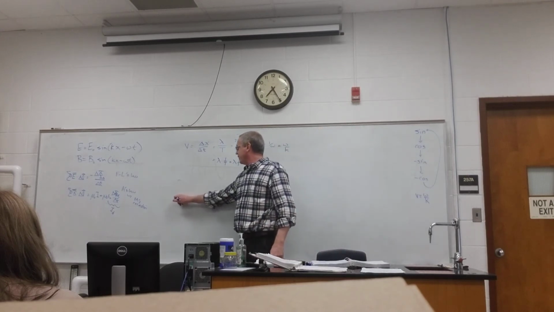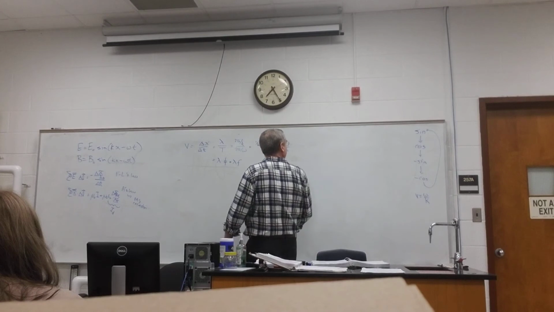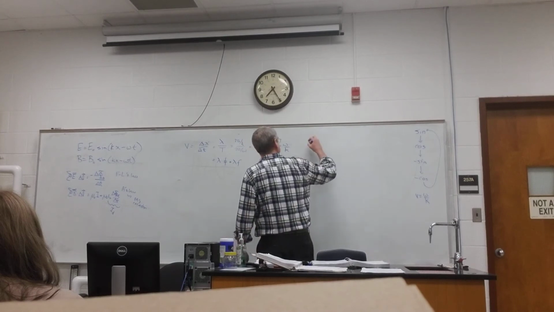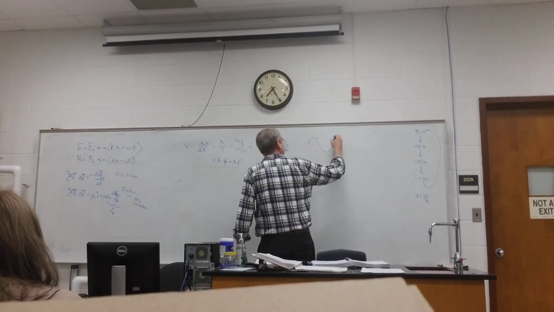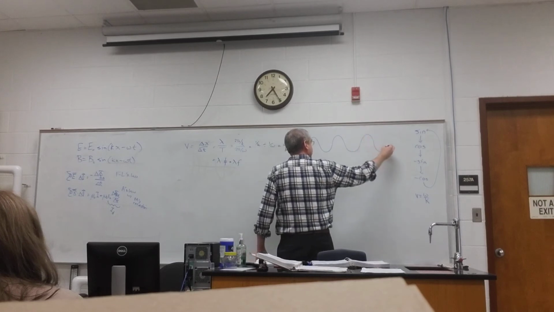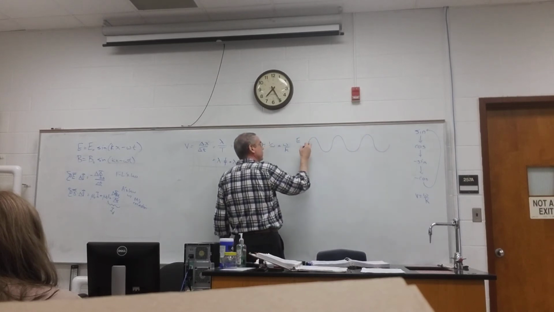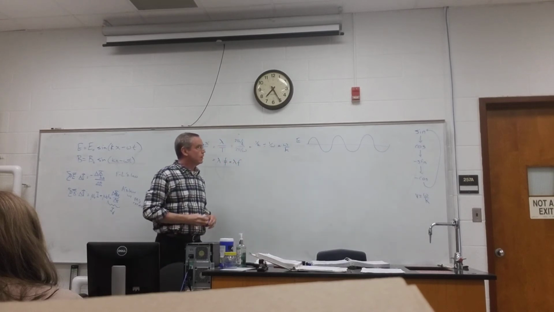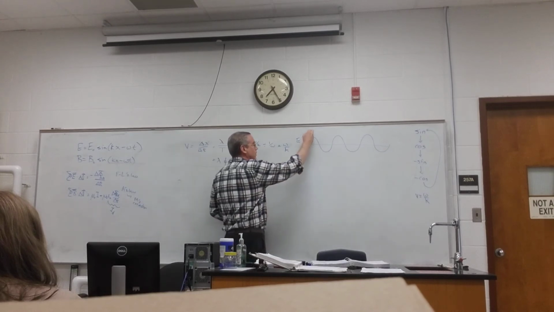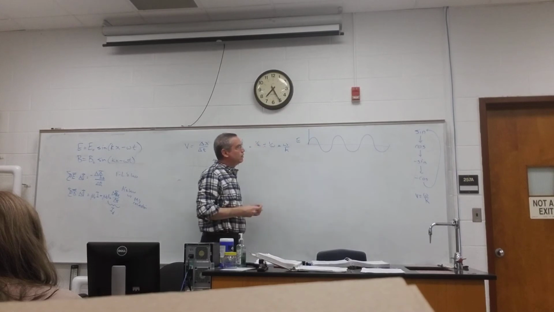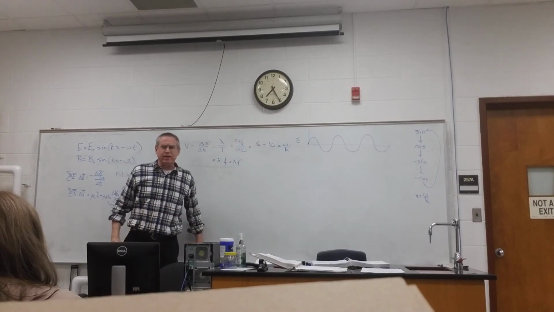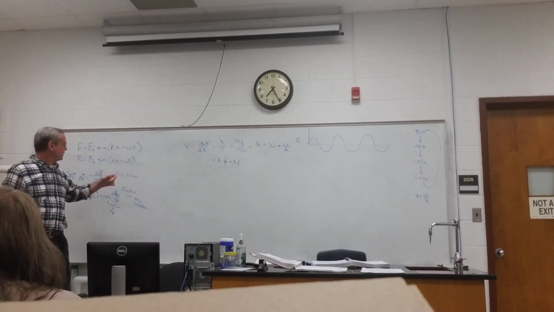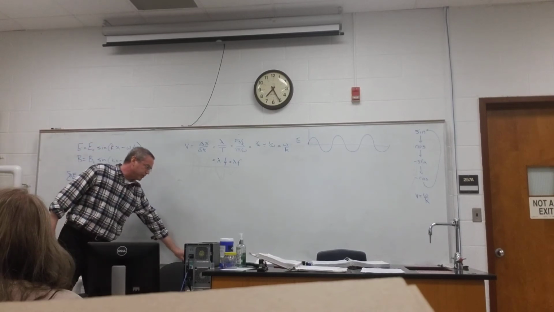So if I have an electric field, yeah, the room is really nice for this because I have a larger board, but we'll squeeze it in here. Hopefully everyone's vision is good enough. So if I have an electric field right here, it turns out that the magnetic field that's created, since this is a vector here, oops, I lost my vector.